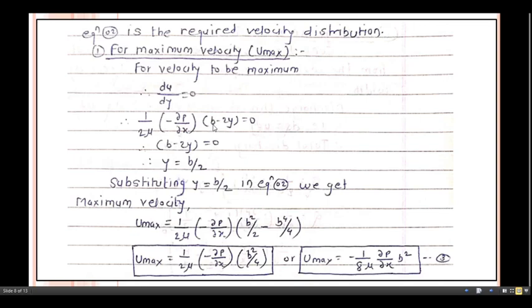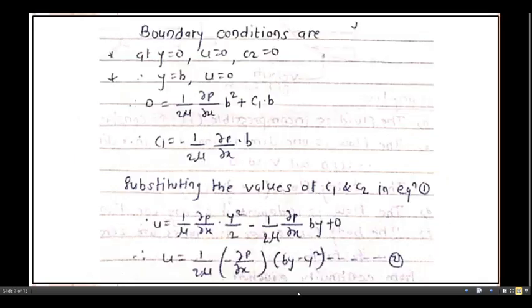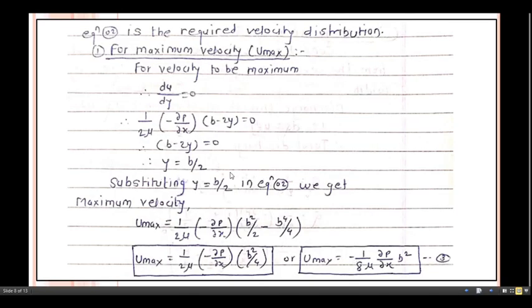The derivative of b y with respect to y gives b, and the derivative of y square gives 2y. So now if you observe here, b minus 2y equals 0 comes into picture.